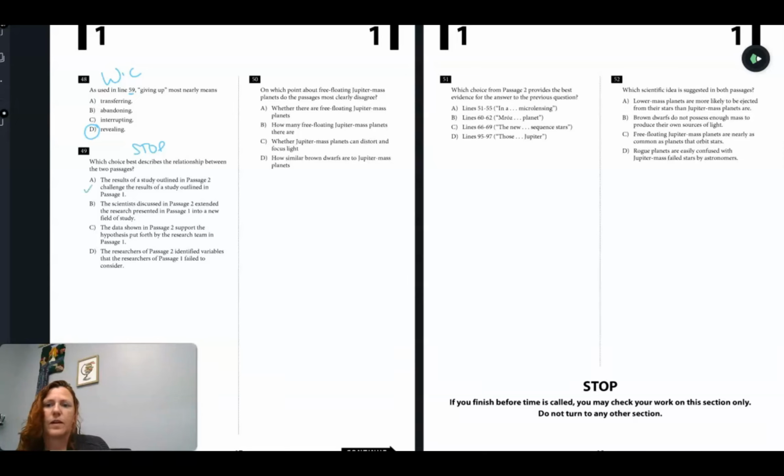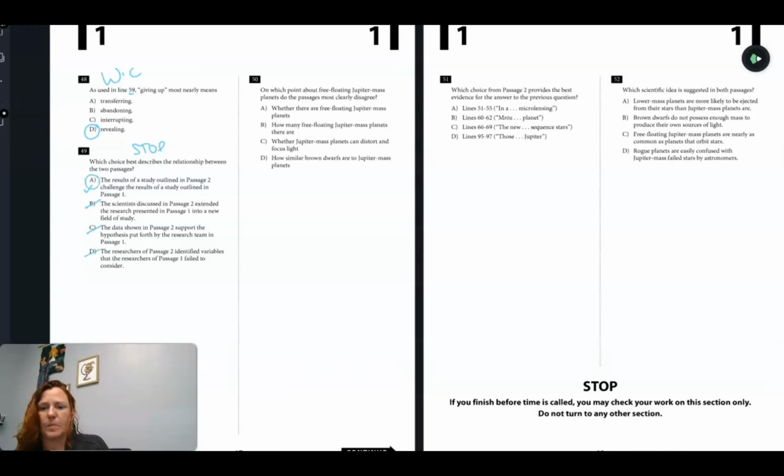Yes. Scientists discussed in passage 2 extended the research. Well, extending the research suggests that they agree. The data shown in passage 2 supports. Nope. The research of passage 2 identifies variables that the researchers failed to consider. So that would be like you're wrong because of something specific that would change how this worked, and that's not really what it looked like.